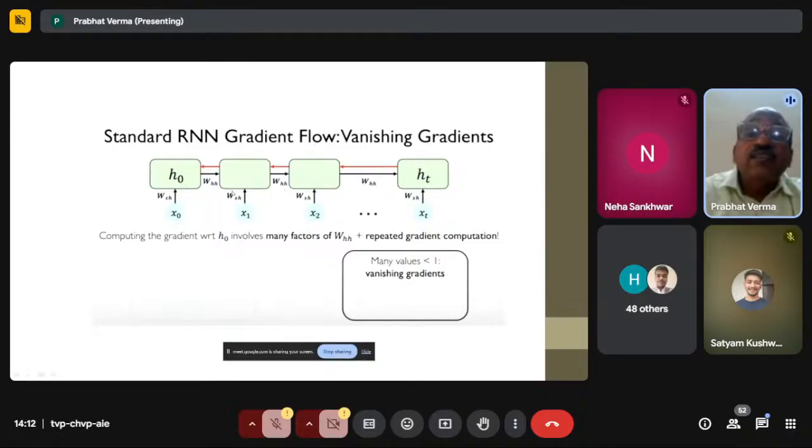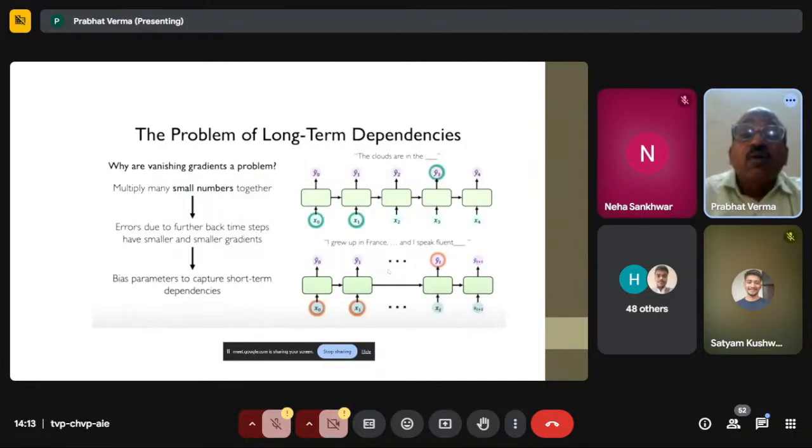So ultimately it will be a vanishing gradient. It means that the effect of the change would not reach far distances. So vanishing gradients are undesirable, and exploding gradients are also undesirable.